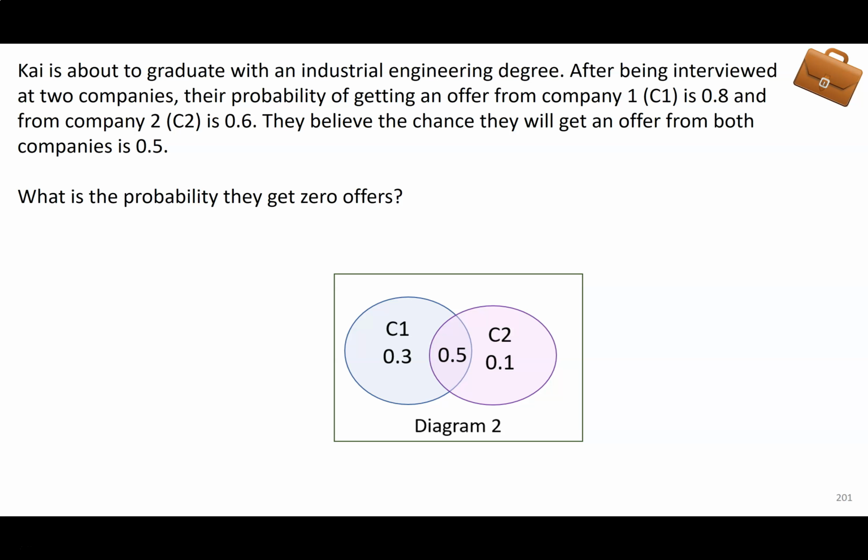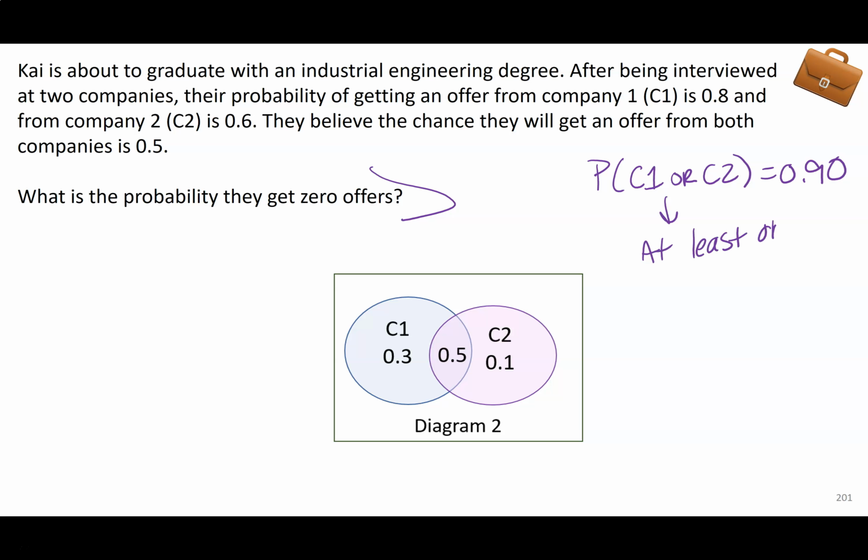So then one more. What is the probability they get 0 offers? Just a reminder, the probability C1 or C2 that we just calculated was 0.9. I like to put a 0 so I know it's 90%. So this is at least one job, or at least one offer. So the probability they get 0 offers, this is the probability that company 1 says nope, and company 2 says no thanks.